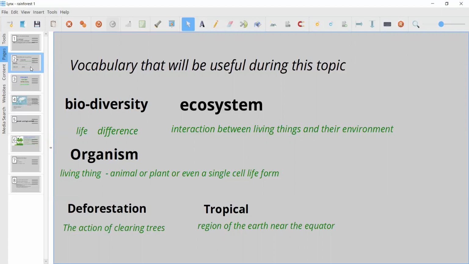And then tropical, we included that because that's a word that will come up a lot, because rainforests grow in tropical regions of the earth. So they're words that you can learn, and learn how to spell, please, because they're important to the topic.